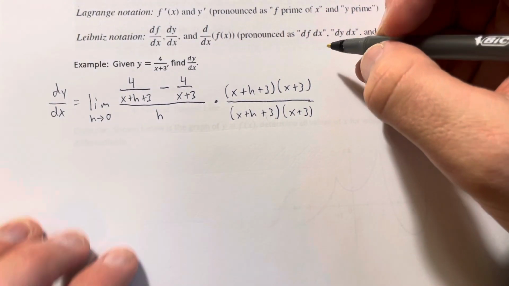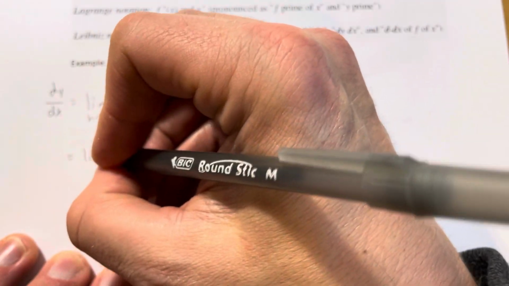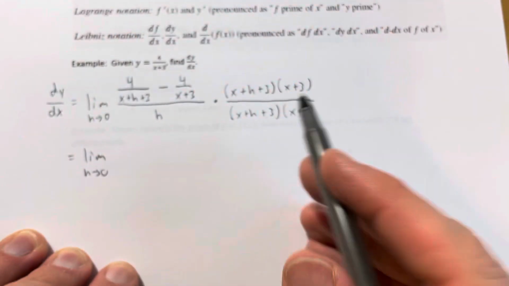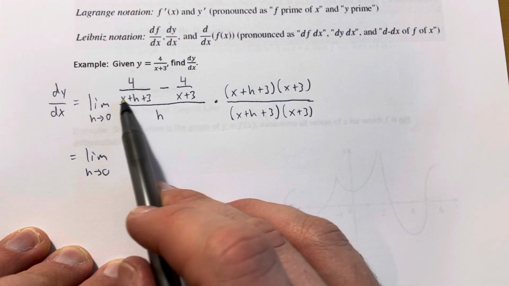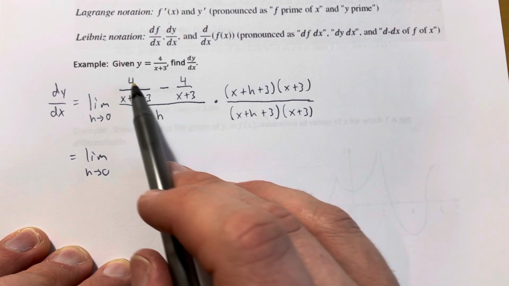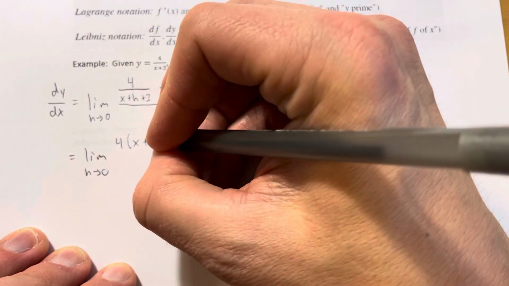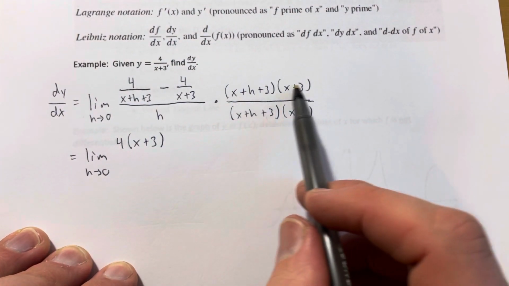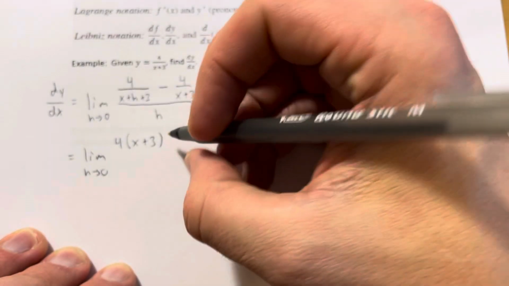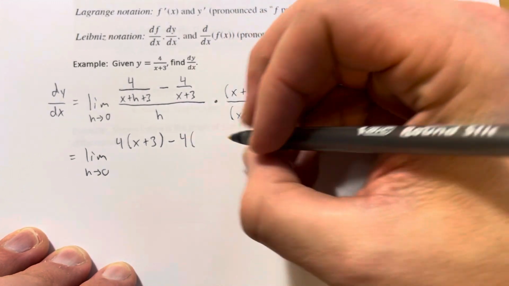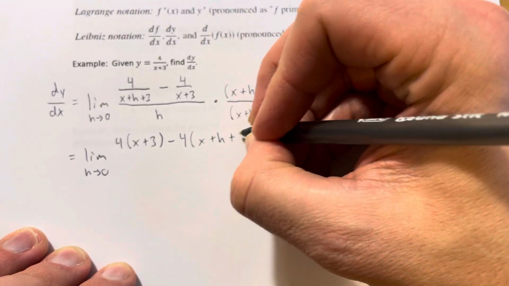The purpose behind doing that, limit as h goes to 0, is that when I multiply this through, this denominator will cancel with that, leaving me with 4 times x plus 3. And when I distribute this to that rational expression, the x plus 3's will cancel, and it leaves me with minus 4 times x plus h plus 3.